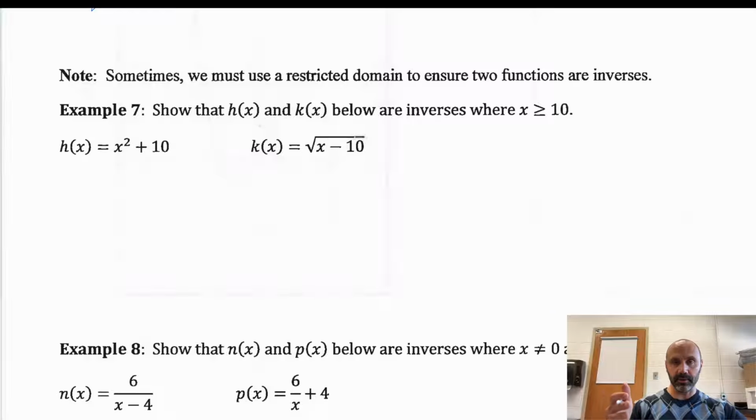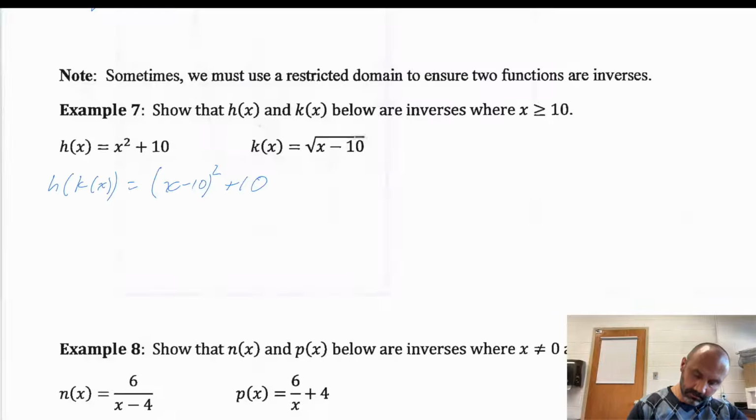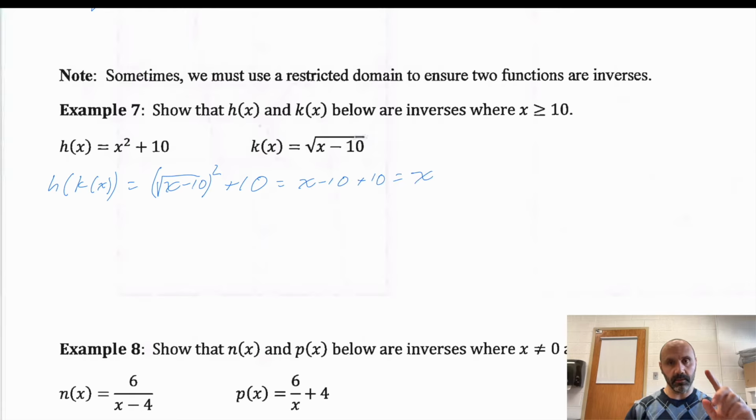But in order to show that they're inverses, I have to plug one into the other. Now, when I've got this, in this step right here, I have to specify that x is greater than or equal to 10 because of where that came from. Right? In the original function, that's there, and so x has to be greater than or equal to 10. But it's not explicit in the way that I've written it here, so I make it explicit here.